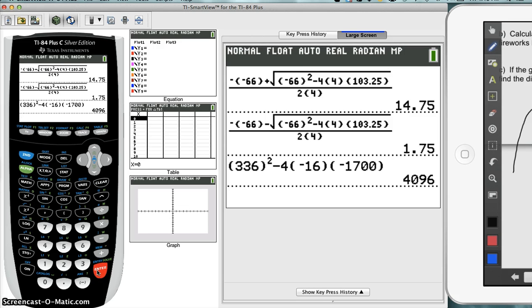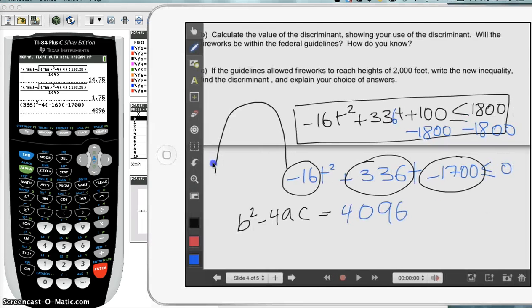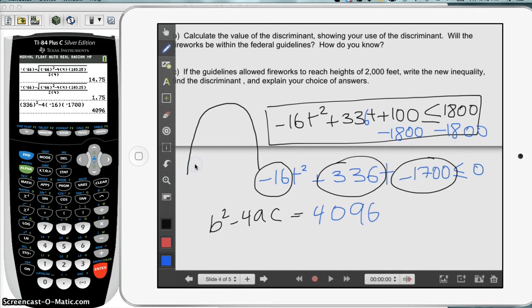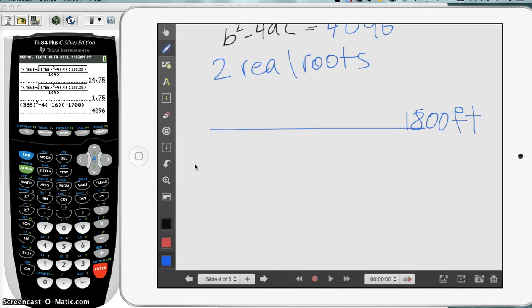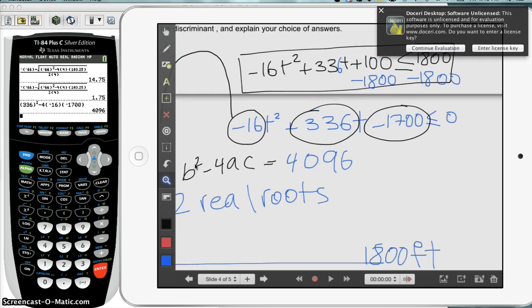Now, what does it mean if the discriminant is positive? From what we've been learning, every time the discriminant is positive, it means that you will have two real roots. In this case, the guideline is over here, 1800 feet, and I did use the guideline in my equation.